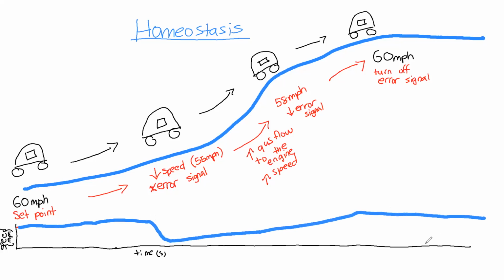So what we really want to illustrate here is that as soon as we drop from our set point, we've got this error signal, and the error signal is going to be the degree to which we are away from our set point. So this is the difference here. And as we can see, this difference gets smaller and smaller until eventually the error signal is turned off.